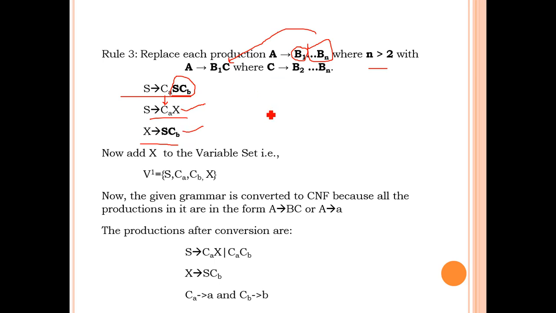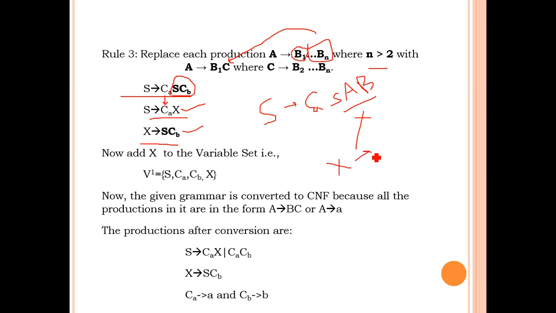For example, if you have a production like CA, S, A, B, you can consider part of this as X and repeat the same step.